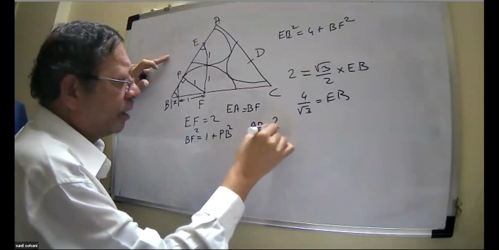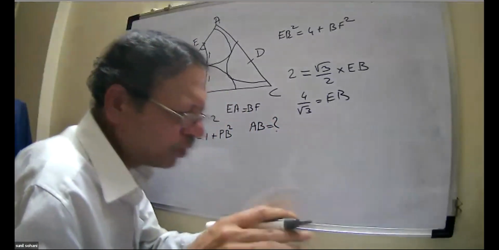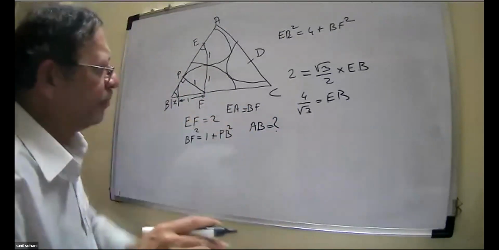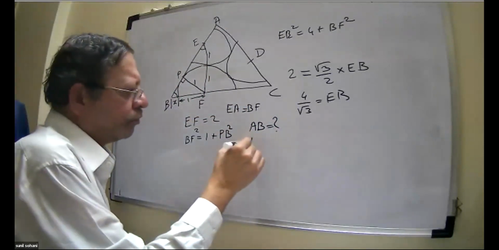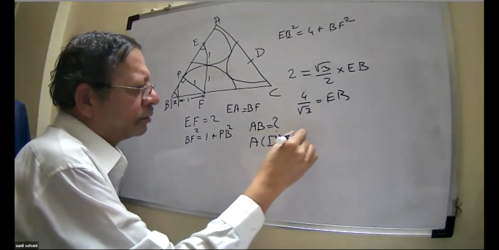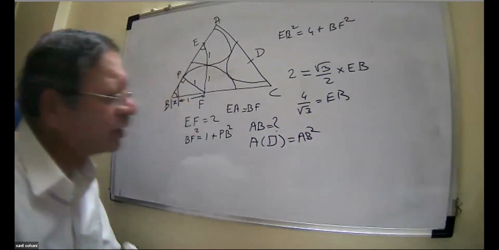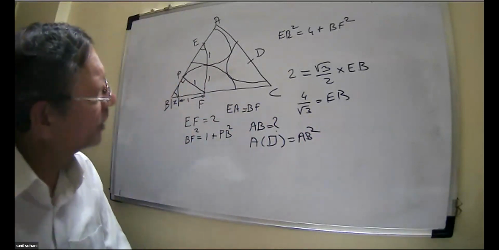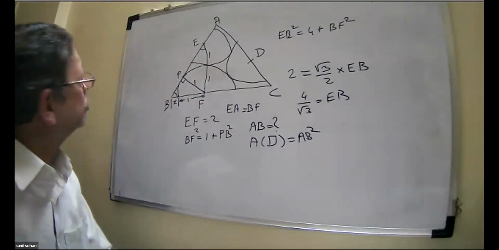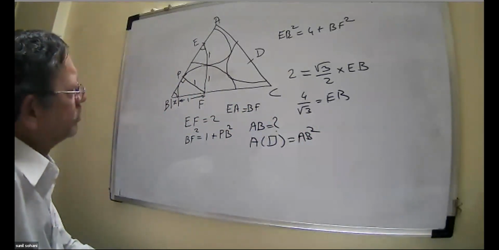If I know AB, then I can find the area of the square whose side is equal to AB. So area of the square is going to be AB square. So the entire intention is to find out one side of the triangle. So basically we are trying to find the AB length.